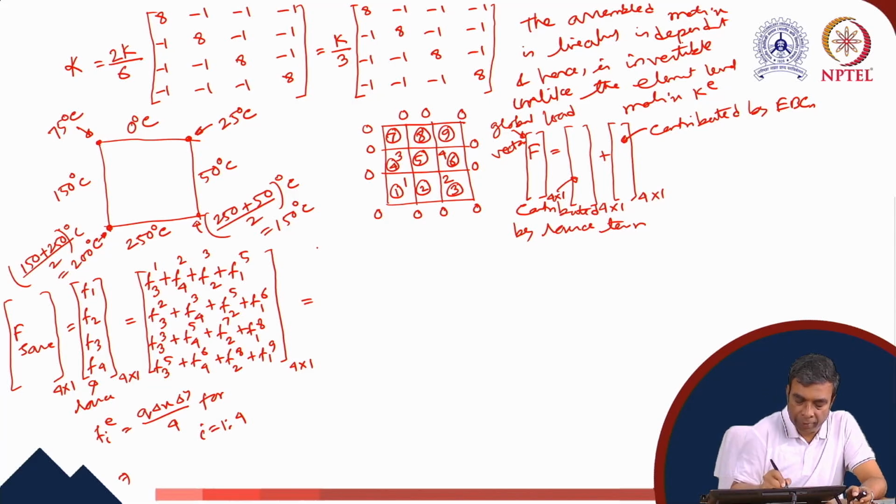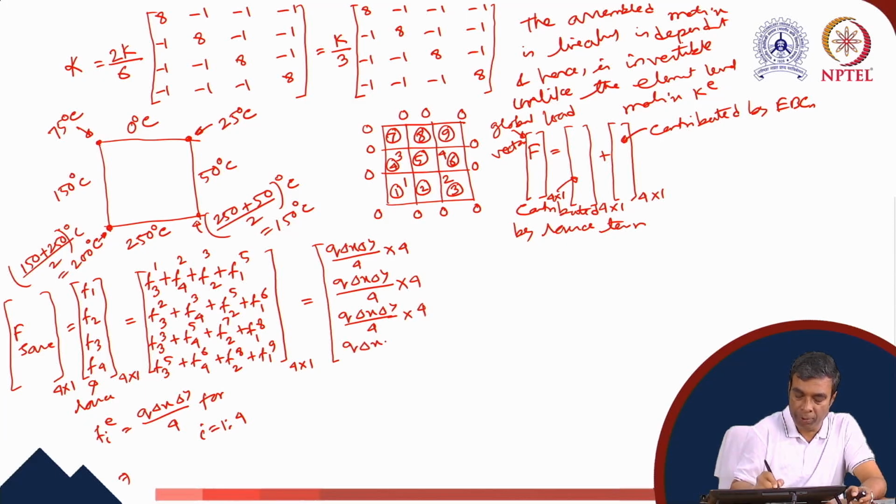So we can write it as Q delta X delta Y by 4 into 4, Q delta X delta Y by 4 into 4, Q delta X delta Y by 4 into 4, and finally Q delta X delta Y by 4 into 4.